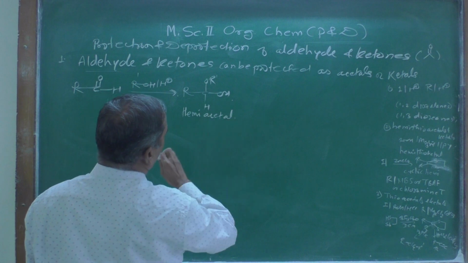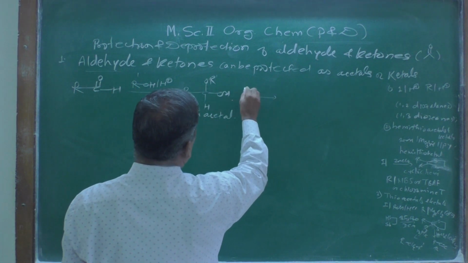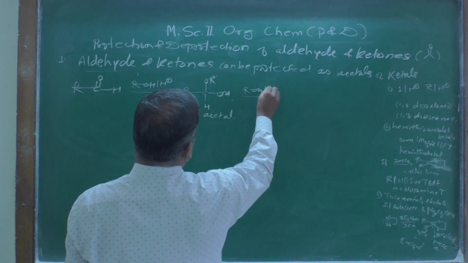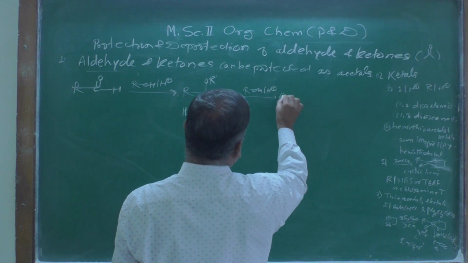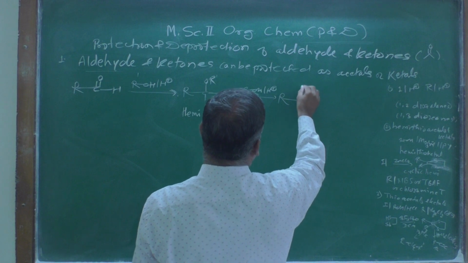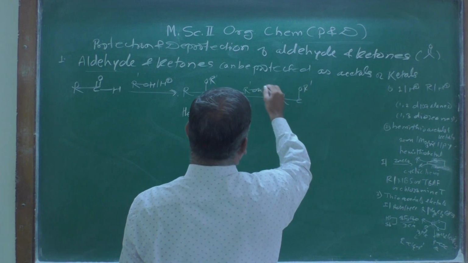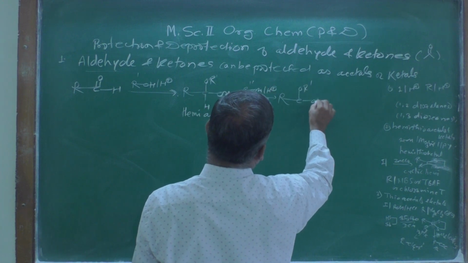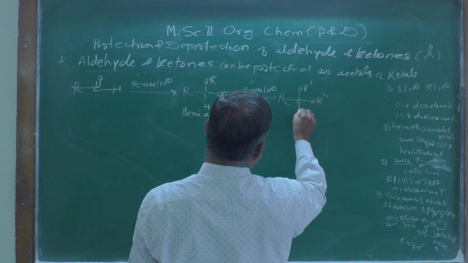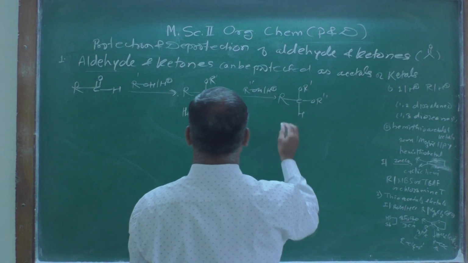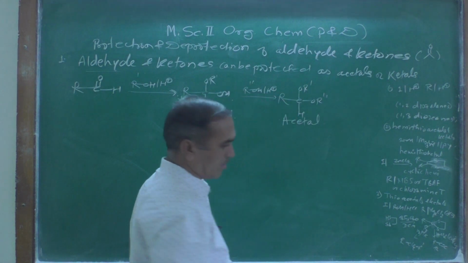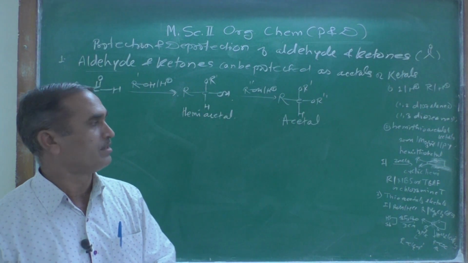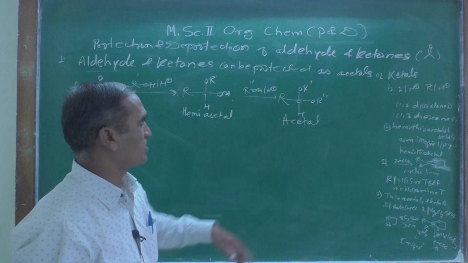The hemiacetal, when further treated with ROH in presence of H plus, gives the formation of R, OR'', OR'' and then this hydrogen. This is called the formation of the acetal. The complete protecting group of aldehyde is called an acetal.